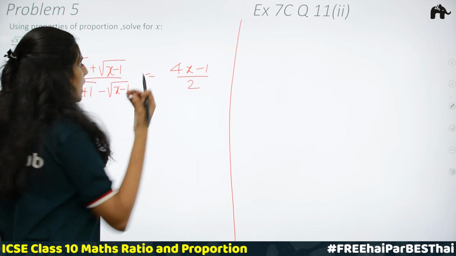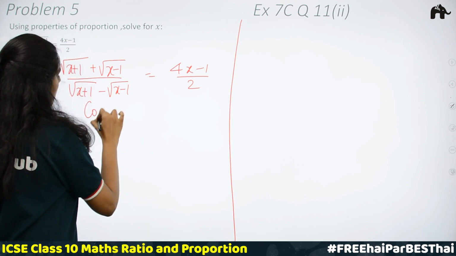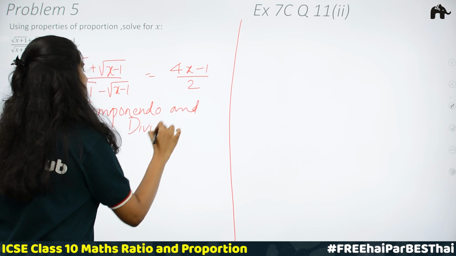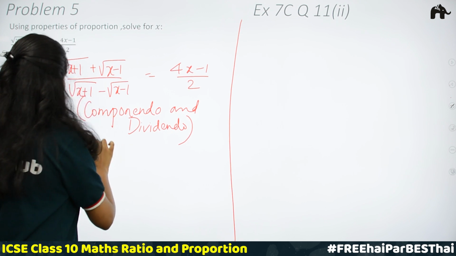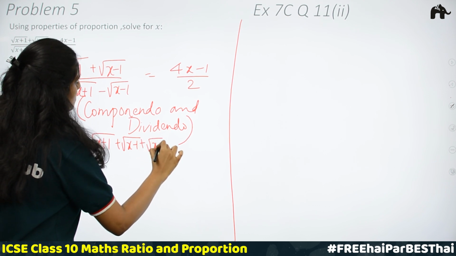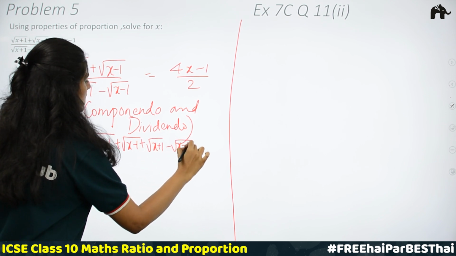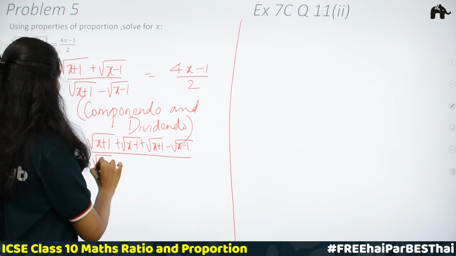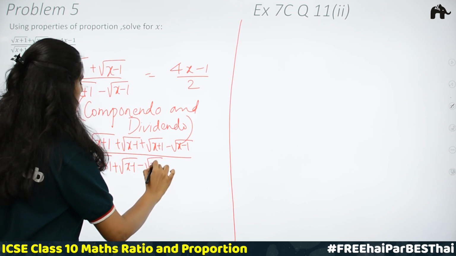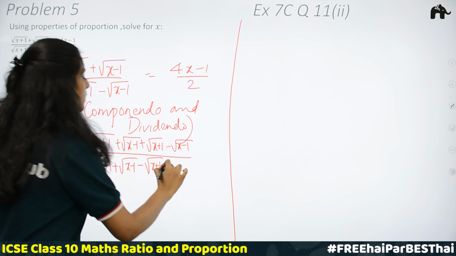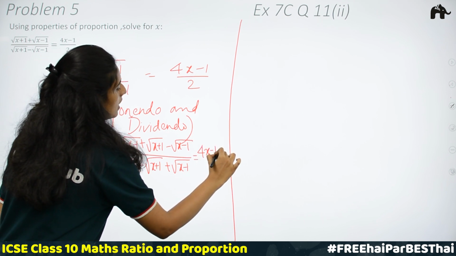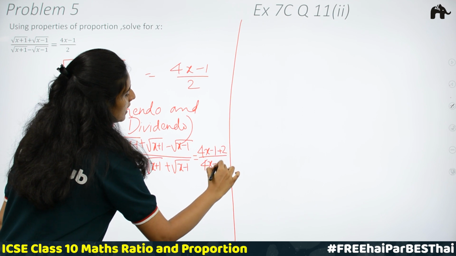Here we are going to apply the componendo and dividendo property. Applying componendo and dividendo property, we get (root of x plus 1 plus root of x minus 1 plus root of x plus 1 minus root of x minus 1) divided by (root of x plus 1 plus root of x minus 1 minus root of x plus 1 minus of minus root of x minus 1) is equal to (4x minus 1 plus 2) divided by (4x minus 1 minus 2).